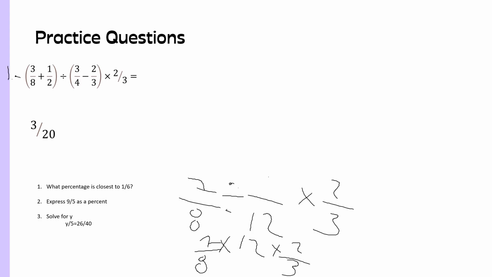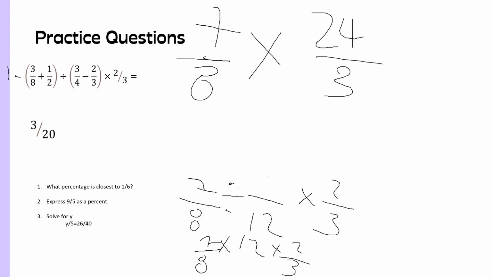So now 7 over 8 times 12 times 2 is 24 over 3, right? And all we do is multiply what? Across.